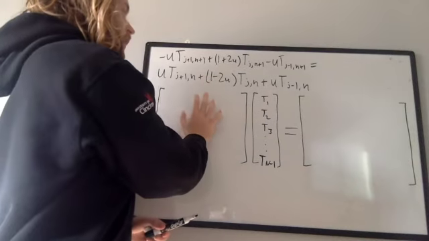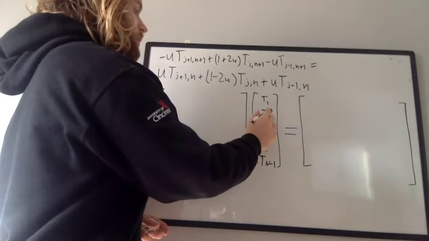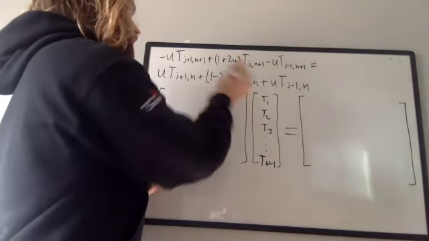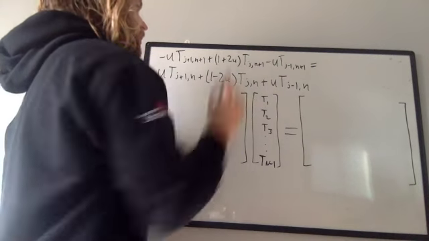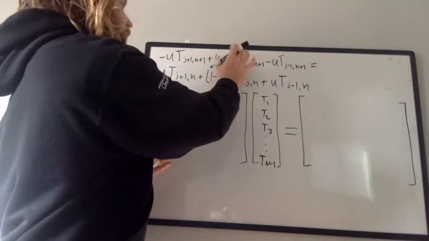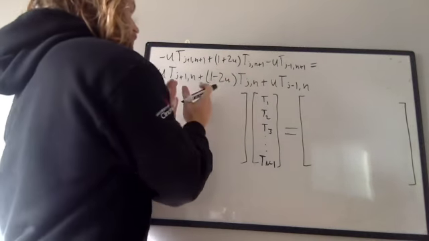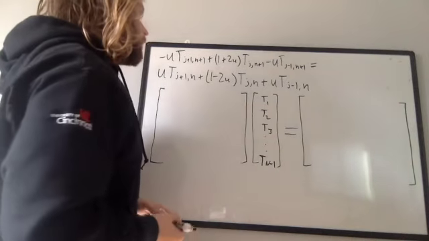Now, to get our left box over here, we are going to be plugging in our T2s, our T3s, and so on into our left side equation over here for our temperatures. And then we're pretty much just going to be putting in whatever is left outside of the temperature into that column, right? So we'll just go ahead and look at T2 to start out with.